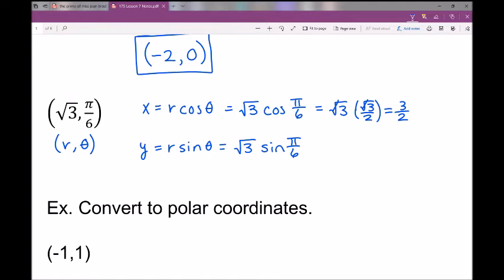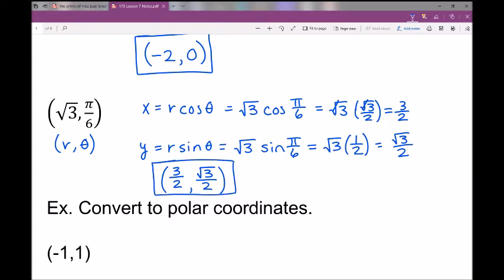Now for the y coordinate, we have root 3 times the sine of pi over 6, which is 1/2. Multiplying this out, we get the square root of 3 over 2. The last thing to do, now that I've converted each coordinate, is to write it as an ordered pair: my x coordinate 3 over 2, and my y coordinate root 3 over 2. So this is the converted coordinate.